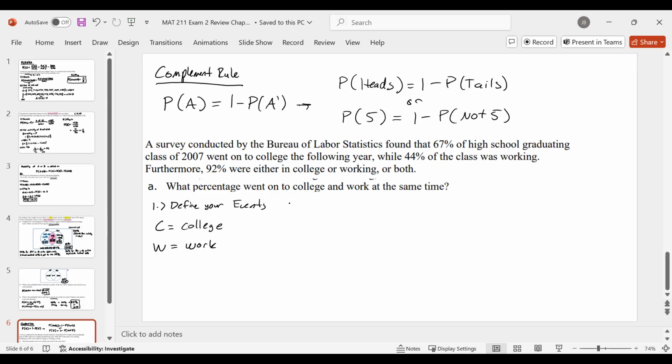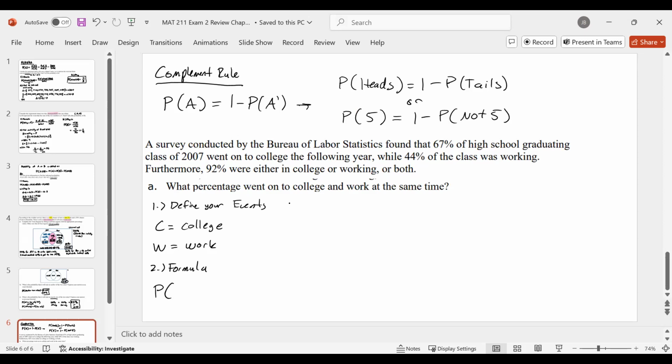C means you went to college, and W means you went to work. Now, this is very important: 67% of students who graduated went to college. That 67% could also be working. The only condition that I have stated is that they're in college, so they can be working or not working. It just depends.